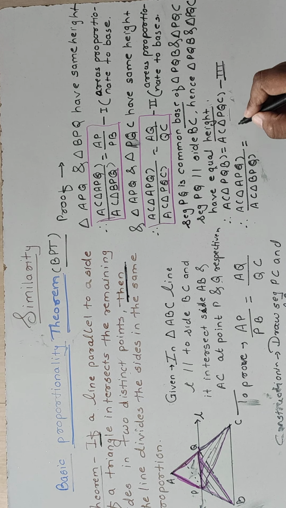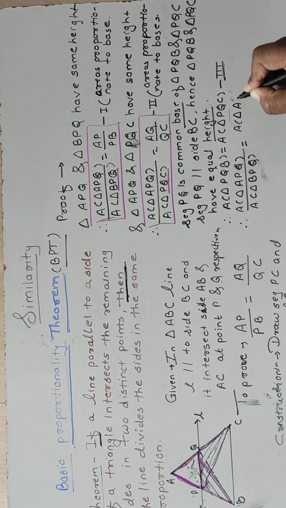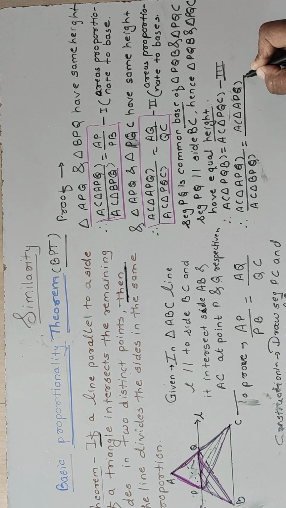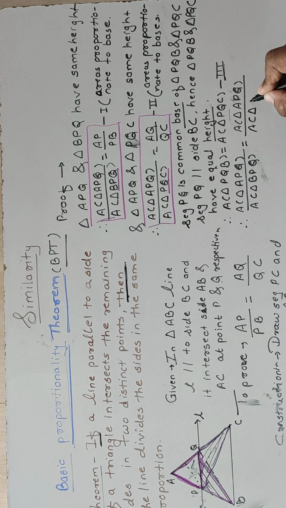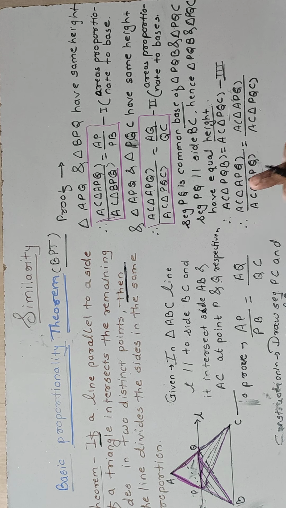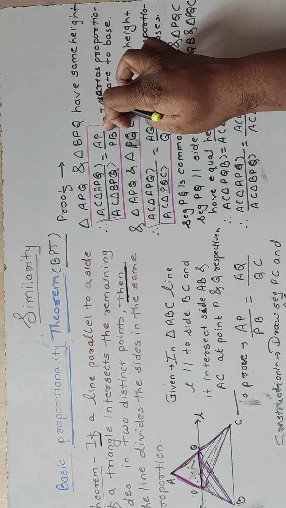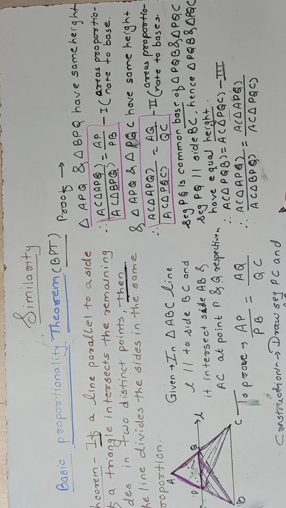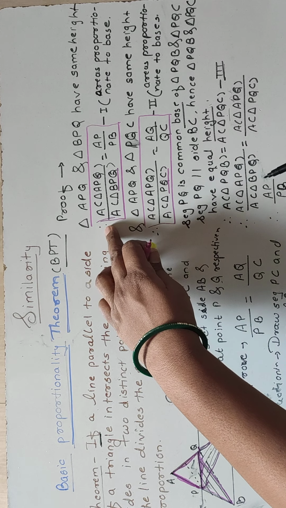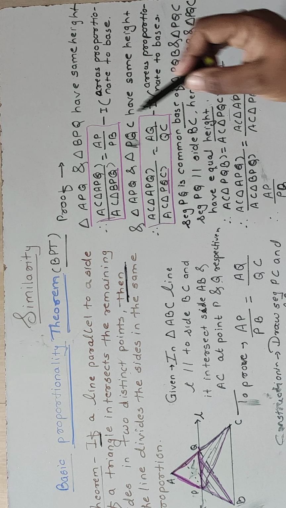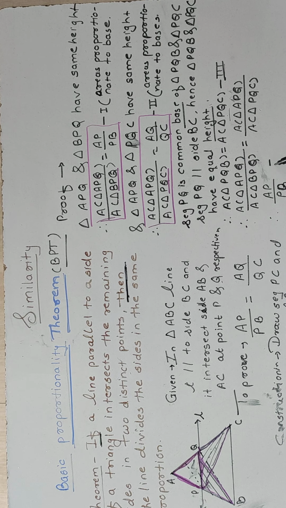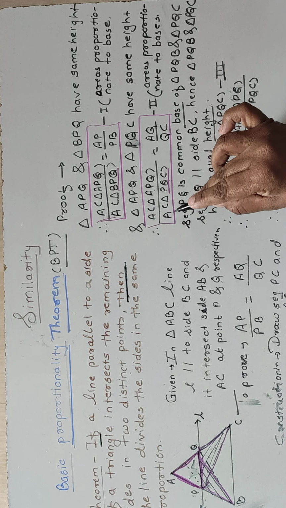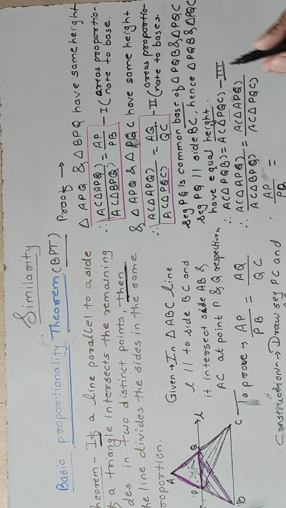So it is equal to area of triangle APQ upon area of triangle PQC. Now the RHS is equal and therefore the LHS is also equal. Therefore we can show that APQ upon BPQ is equal to AP upon PB. So instead of this we write here AP upon PB, and area of triangle APQ upon area of triangle PQC is equal to AQ upon QC.